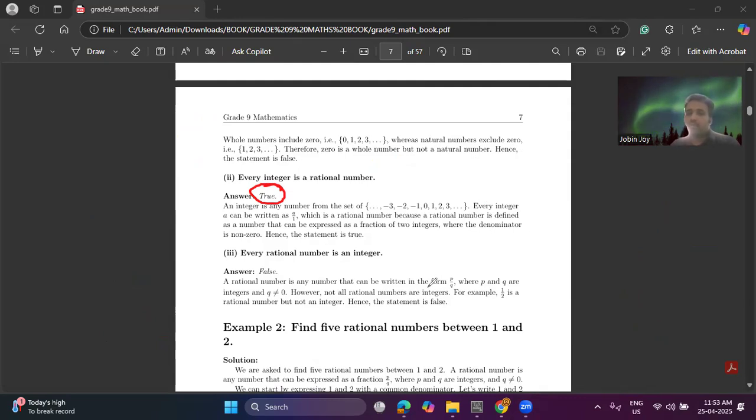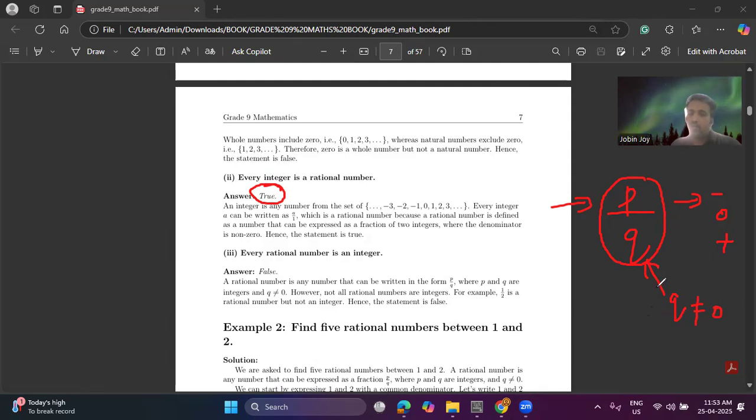Then: every rational number is an integer. As we already know, any number in the form of P by Q is called a rational number, but integers are negative values, 0 and positive values. So is every rational number an integer? A rational number is any number that can be written in the form of P by Q, where P and Q are integers and Q not equal to 0.